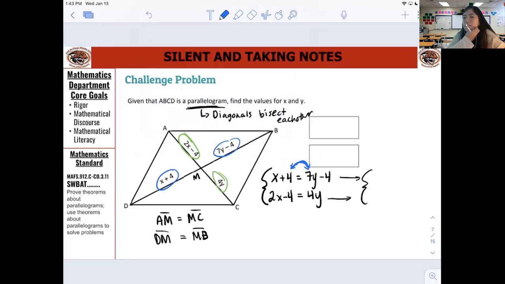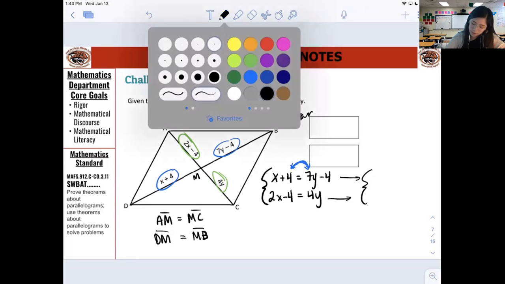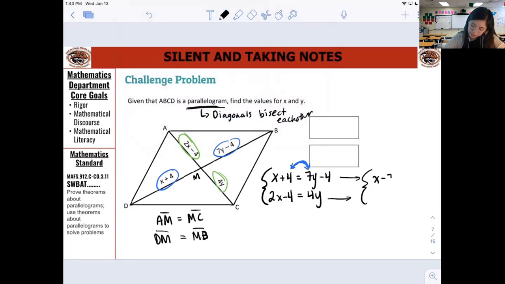We're just going to switch those, okay? We end up with x minus 7y equals negative 4 minus 4, which is negative 8. Same thing with the bottom one. I'm just going to switch these around. So I end up with 2x minus 4y equals 4. Questions on how I did that?